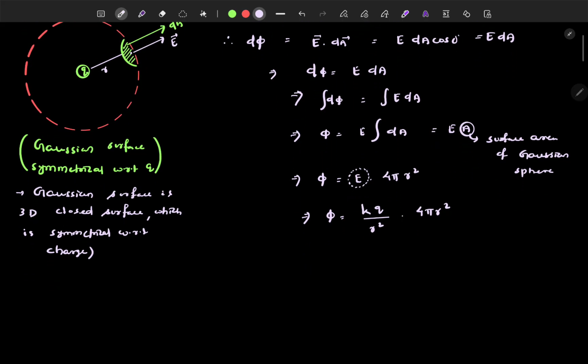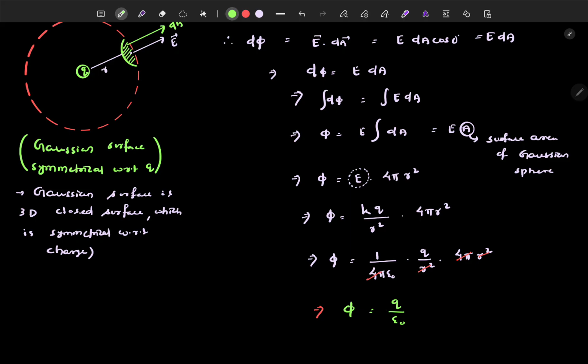Now k is Coulomb's constant, that is 1 by 4 pi epsilon naught, into q divided by r square into 4 pi small r square. Now after solving, 4 pi cancels out, r square cancels out. So final answer is phi is equals to q divided by epsilon naught.